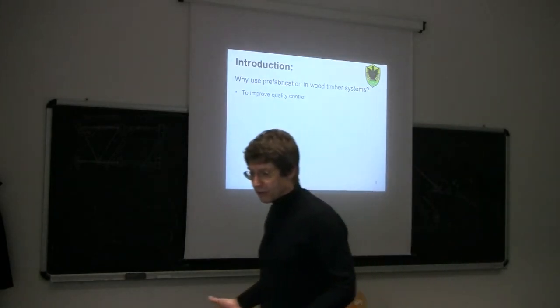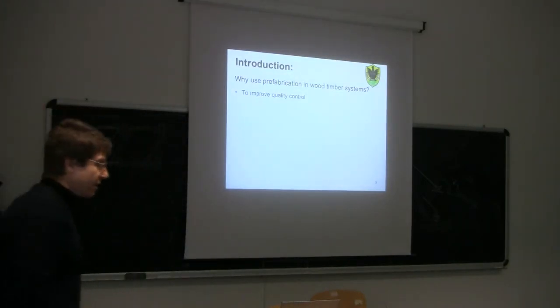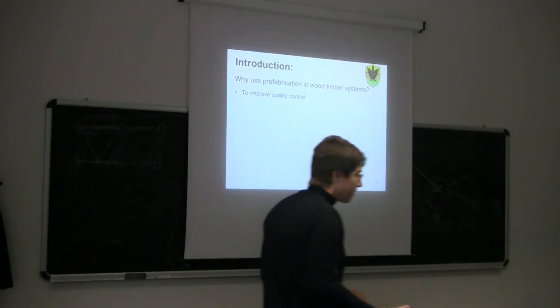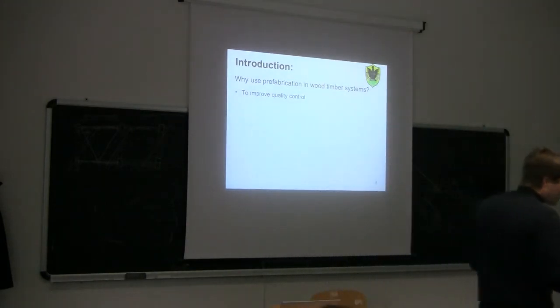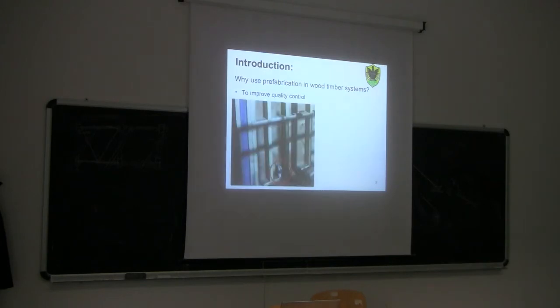The building site, as you probably can understand, is an environment where there are several hazards, and of course it's not the best place to achieve the best quality. So sometimes you can see some mistakes like this, for example.